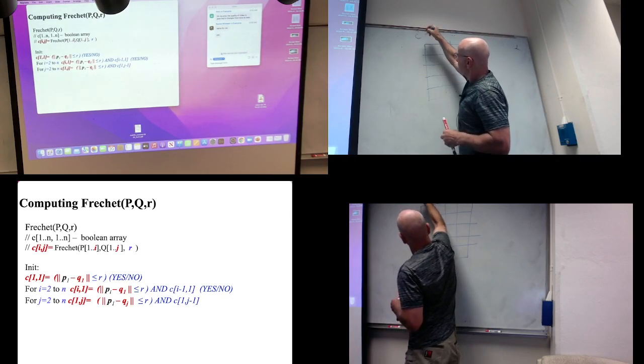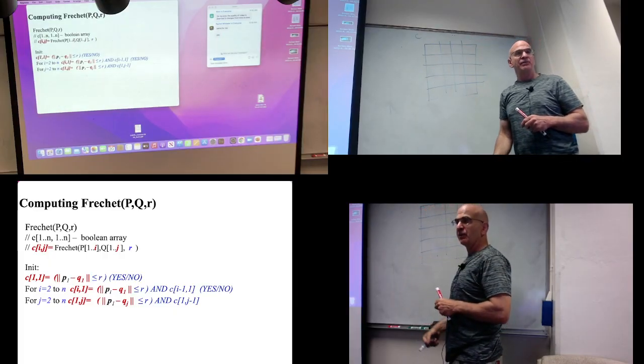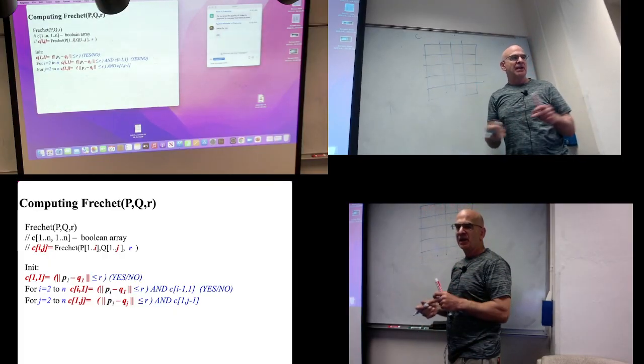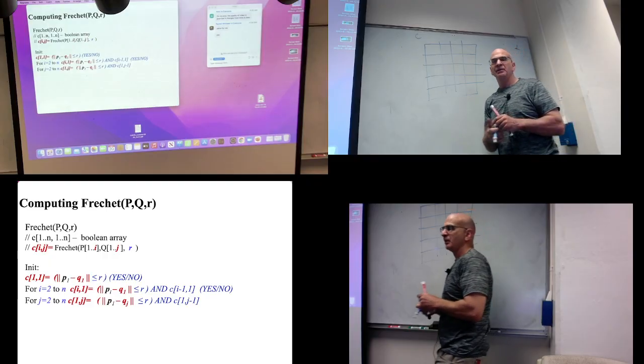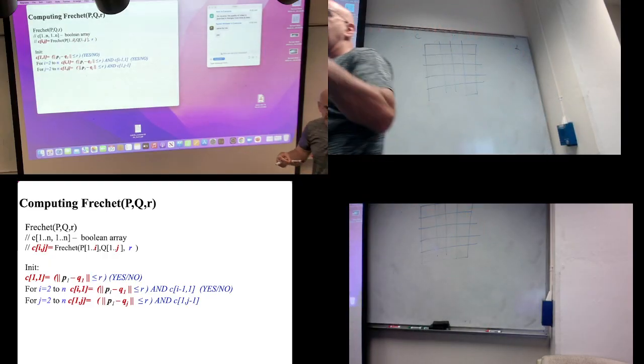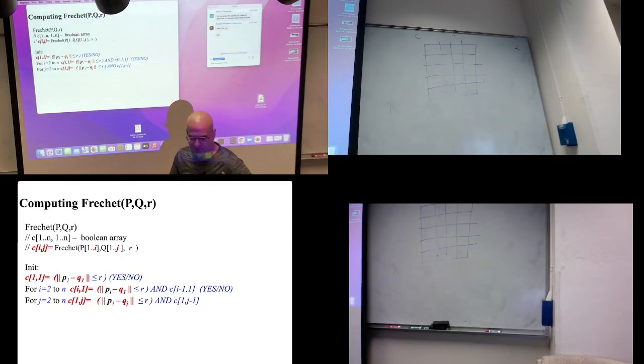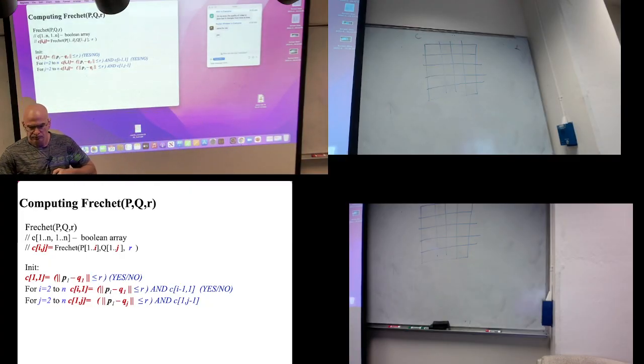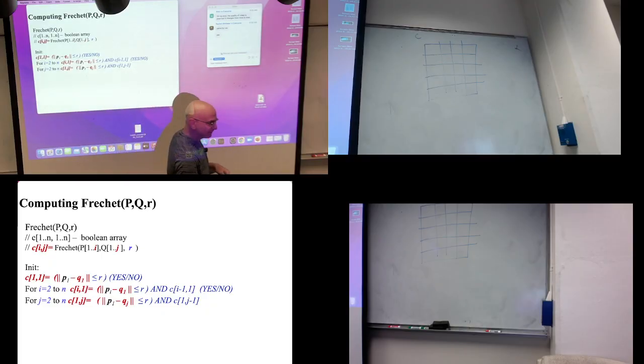We still use this array C, just as before. In all the dynamic programming problems, we always have a table that is helping us design our way. In Dijkstra, for example, this table was just the D value, the estimated value that we give for every vertex.